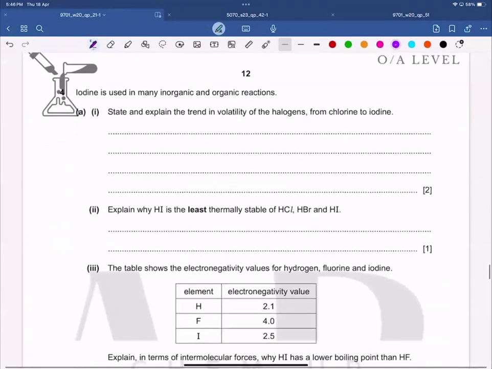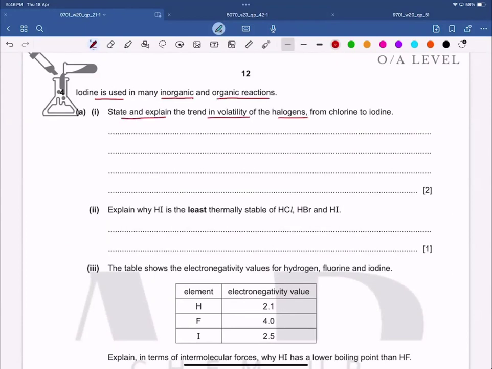Now we have question number 4. Iodine is used in many inorganic and organic reactions. State and explain the trend in volatility of halogens from chlorine to iodine. So if you recall, chlorine, bromine, iodine: gas, liquid, solid. So what does volatility mean?